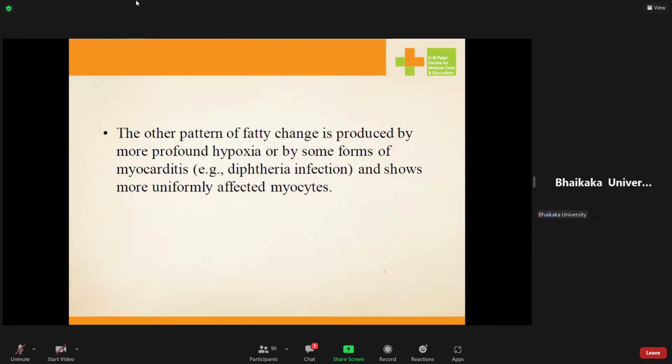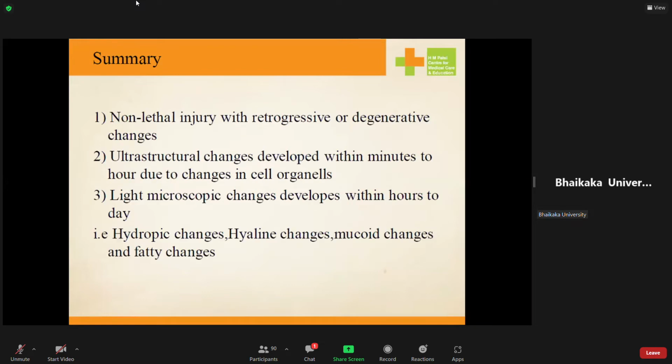So this is the summary of the morphological changes in reversible cell injury. First, I have told that it is a non-lethal injury with retrogressive or degenerative changes. The ultrastructural changes developed within the cell are demonstrable within minutes to hours after the injury, seen in the different organelles of the cell, and we can demonstrate them by electron microscopy.